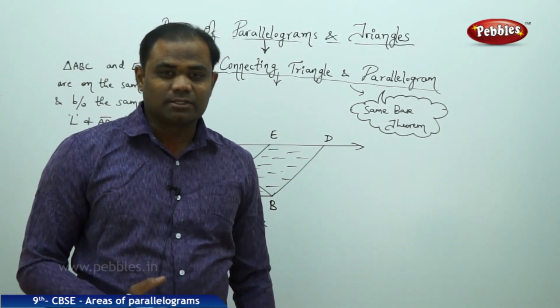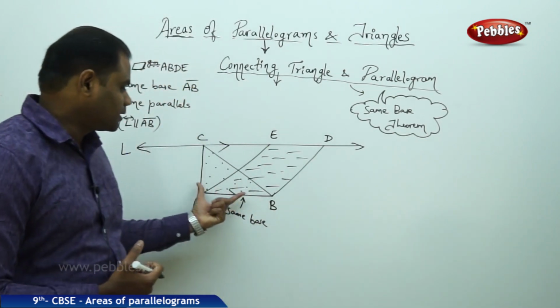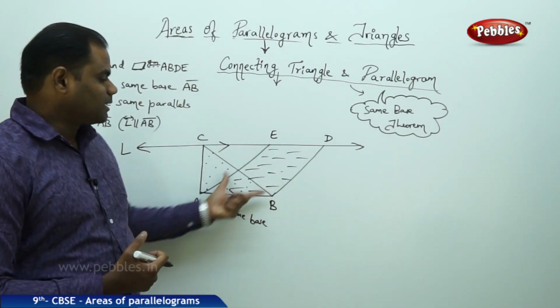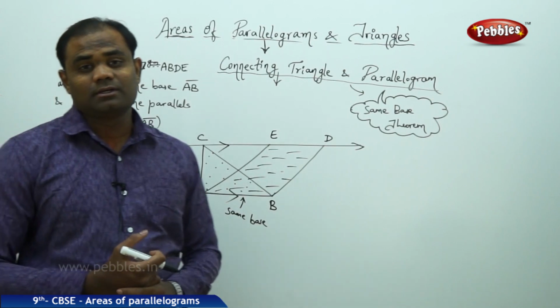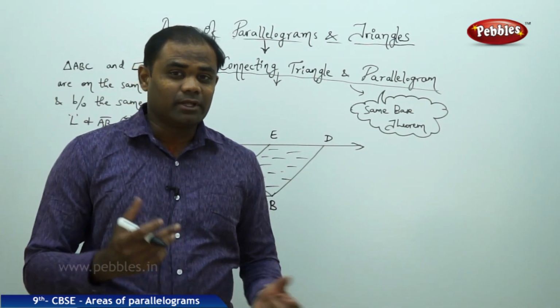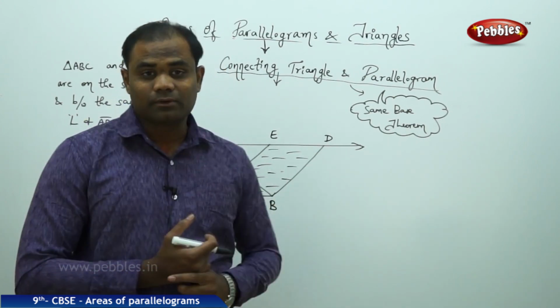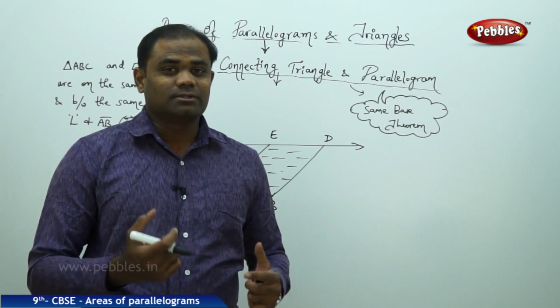Now comes the question on the investigation of the areas of the triangle ABC and the parallelogram ABDE. Will the areas be equal, or is there any relation which connects area of triangle with area of parallelogram? That is the biggest question.